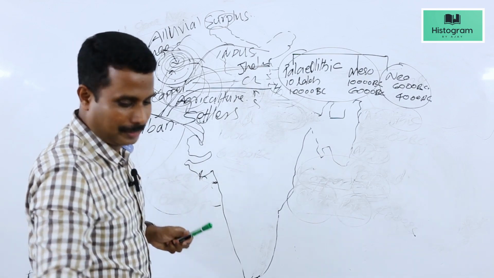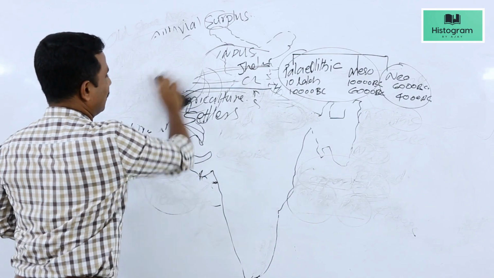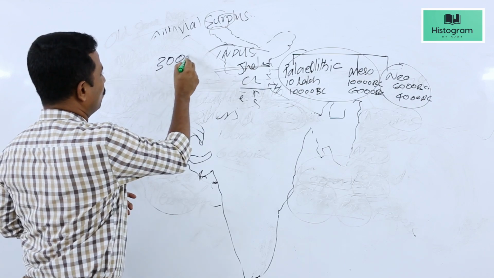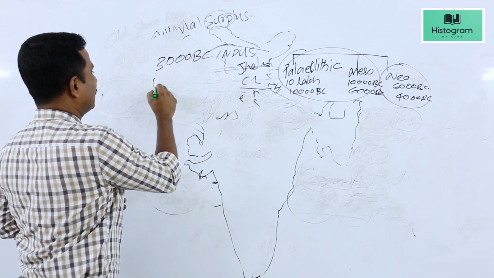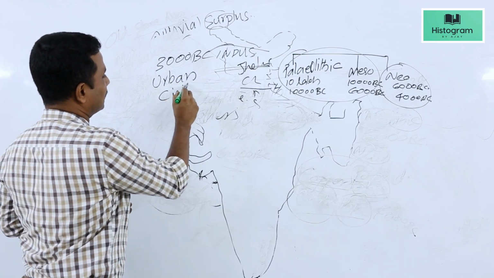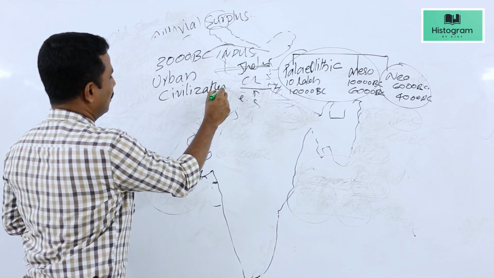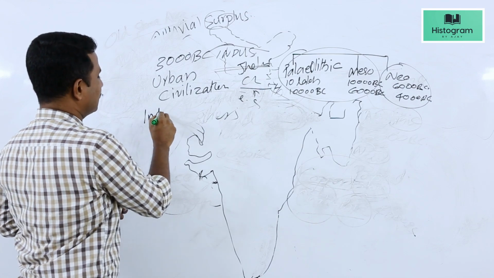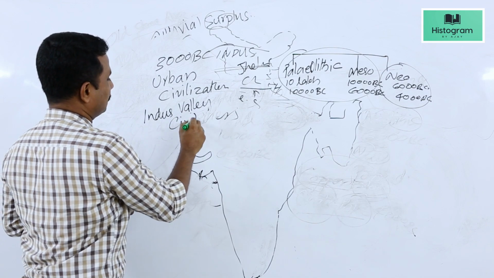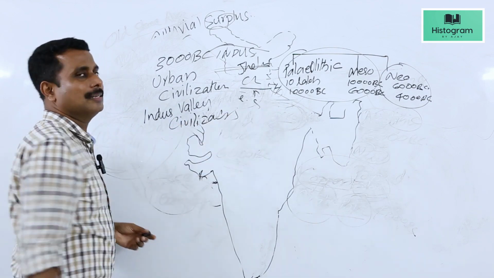So by 3000 BC, they developed an urban civilization we call the Indus Valley civilization.